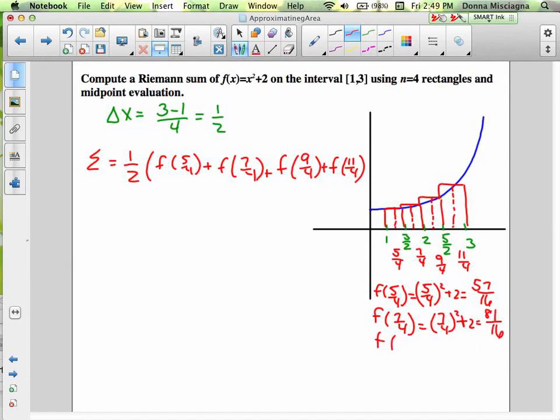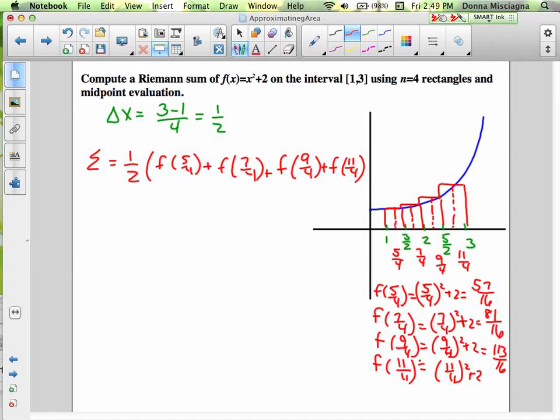And then 9/4, that's 9/4 squared plus 2. So that's 81 plus 32, which is going to be 113/16. And then f of 11/4 is 11/4 squared plus 2.